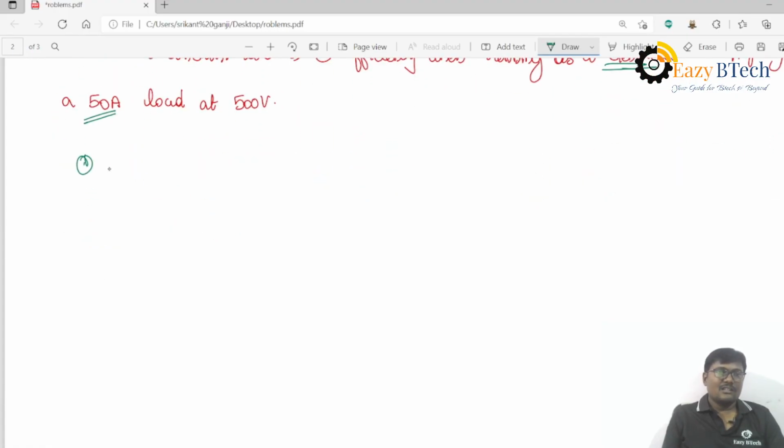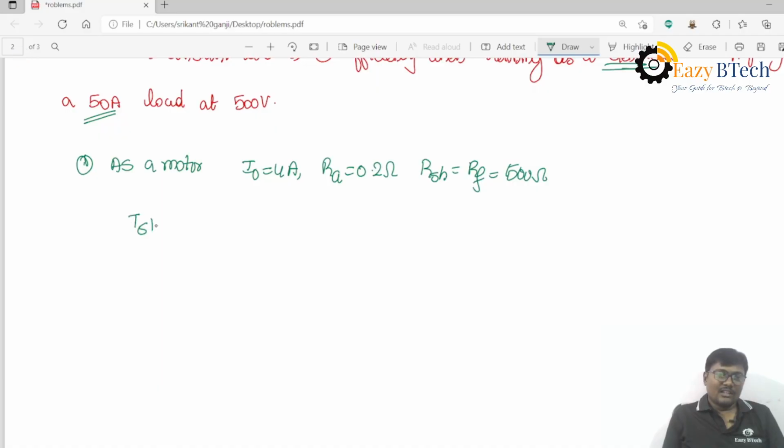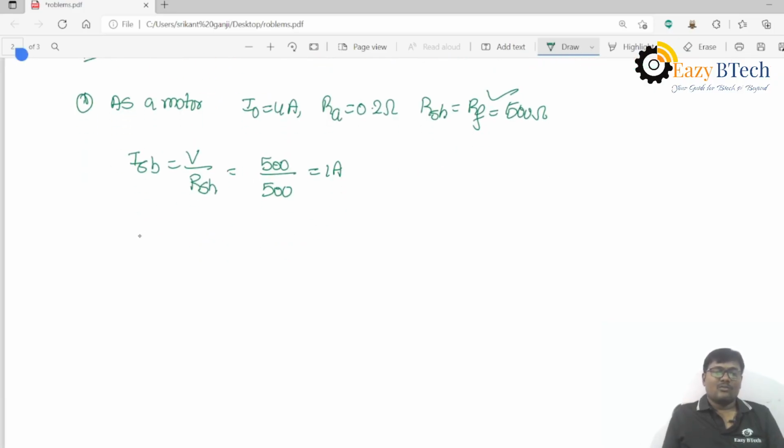The first one is, as a motor, the no load current is 4 amperes, armature resistance is 0.2, and the shunt field winding resistance is 500 ohms. What is ISH? V divided by RSH. Our supply voltage is 500. The RSH is also given as 500. Then the shunt field current is 1.